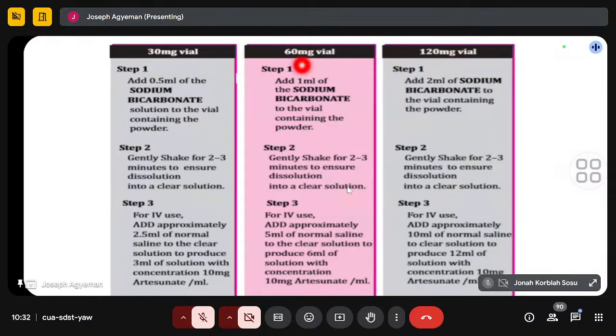So if you have a 60 milligram vial, use a factor of 2 and multiply through each component by 2. So 30 times 2 is 60 milligram, which means the bicarbonate quantity for the 60 milligram will also be 0.5 times 2, which will be 1 mL.